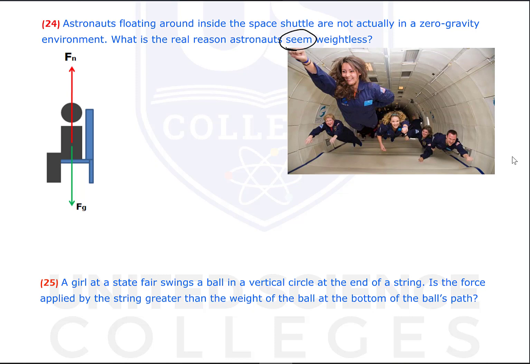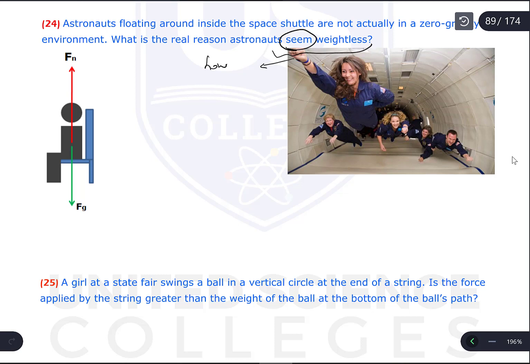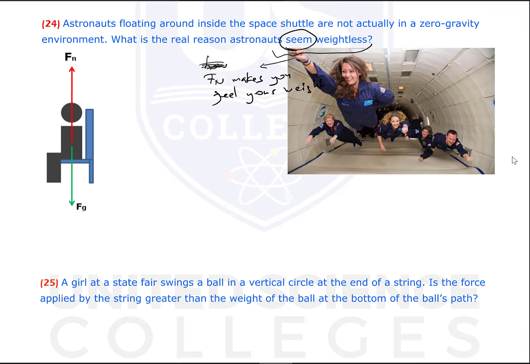What does this mean, seem weightless? First, this is about how you feel your weight. We feel our weight by Fn. So Fn acting on your body makes you feel your weight. For example, look at the man sitting on the chair. Gravitational force is downward, so Fg acts downward on this man.